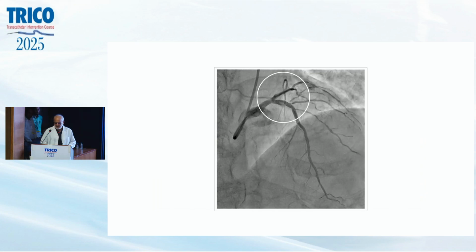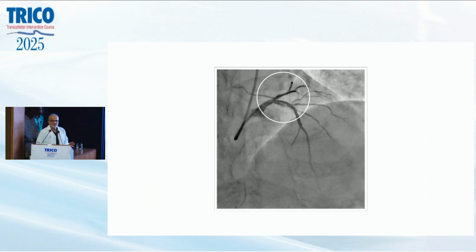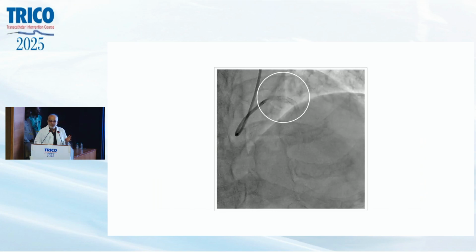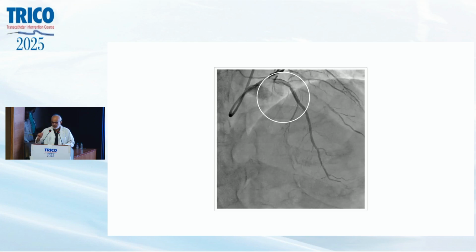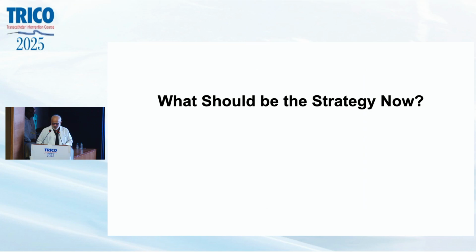And we did it, and this was the picture. It was looking very scary. Why it happened, I'll let you know. What should be the strategy now? I tried to push in an optical coherence tomography catheter. It simply did not go in.